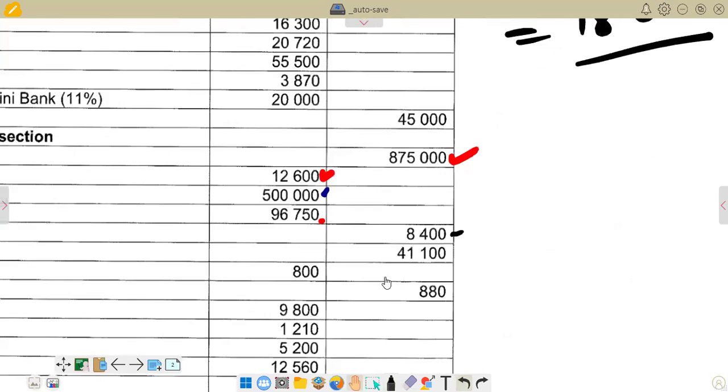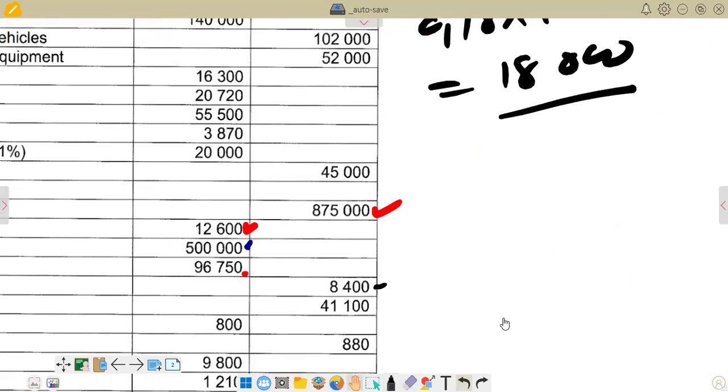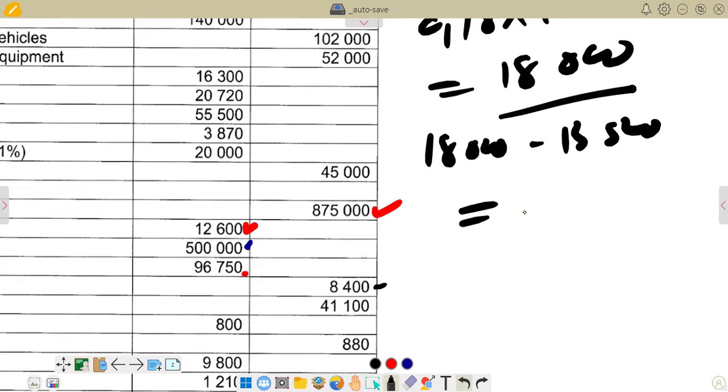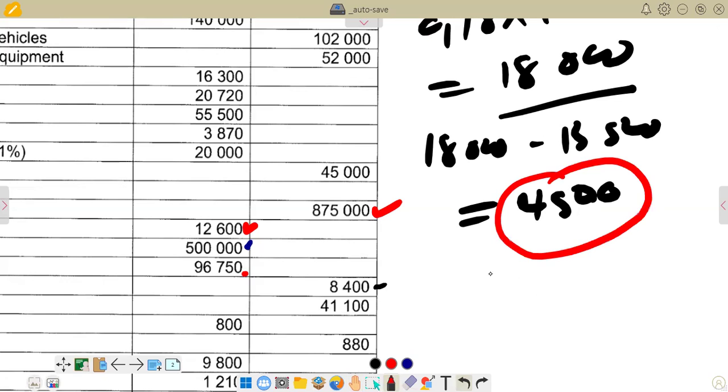So we're saying 18,000 minus 13,500 to get the figure that is owing. And then if you do that, you get 4,500. So this figure 4,500 represents the owing figure.